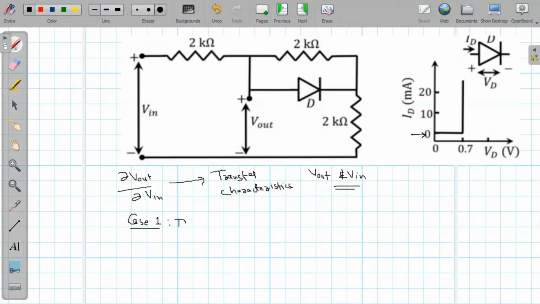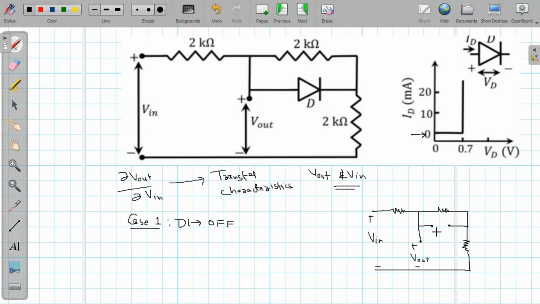when diode D1 is off. So the circuit diagram in this case will be, so this is V in, positive, negative, this is V out, positive, negative, and here our diode is open circuit.